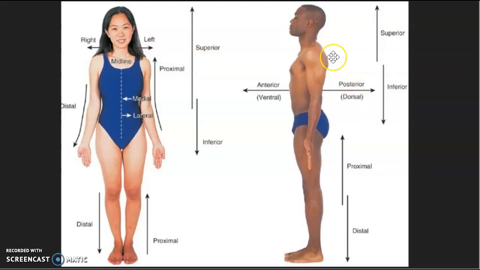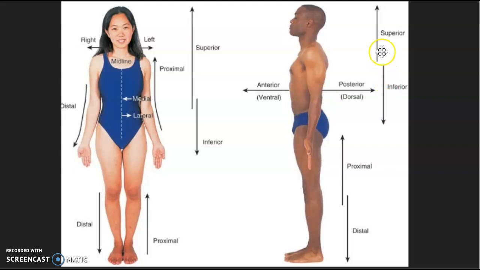It's that fin that sticks up the back, whereas the posterior part of the shark would be the end of the main flipper in the back. Whereas for people, these terms are the same. They're interchangeable. Anterior and ventral refer to the front, posterior and dorsal refer to the back.